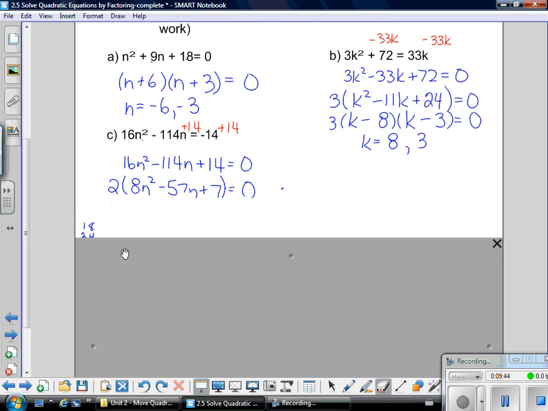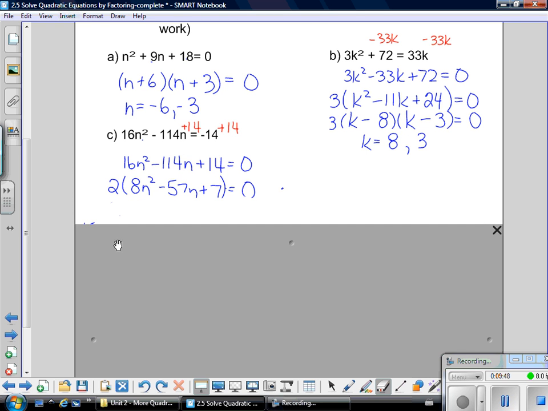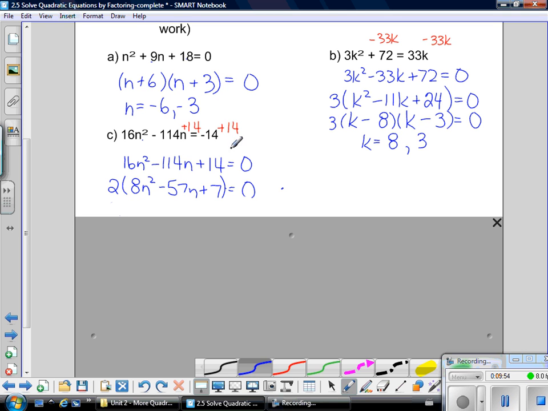And if I think about it, numbers that multiply to give me 8 would be a 1 and an 8, I believe. So I'm going to write that down, a 1 and an 8. And to give 7 would be a 1 and a 7.